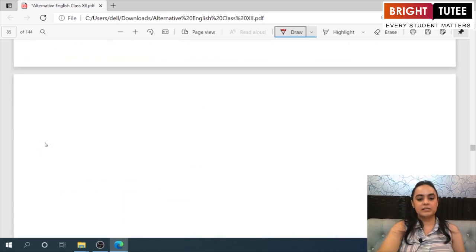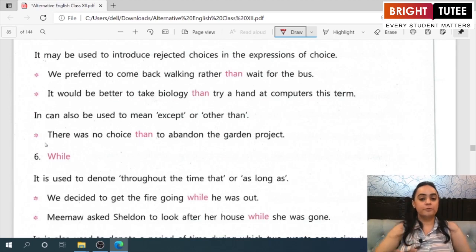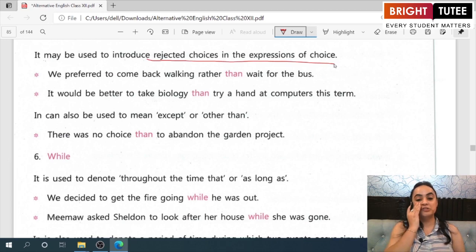Now let us see how to further use "than". What are the other uses of "than"? It may be used to introduce the rejected option in expressions of choice. When you choose one thing and you reject the other, then also we use "than". For example, we prefer to come back walking rather than wait for the bus.